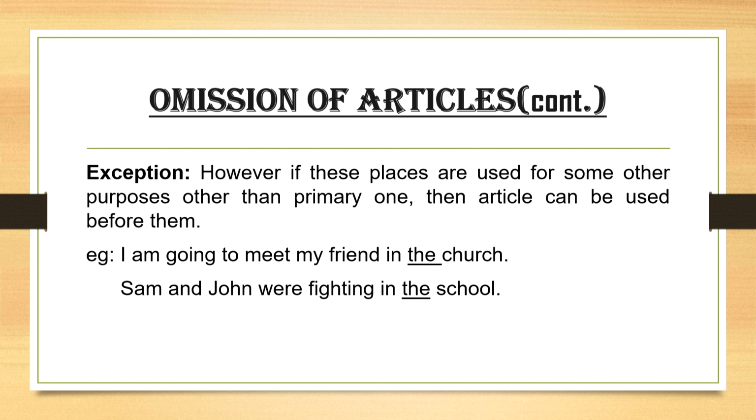Now, here comes an important exception. However, if these places are used for some other purpose other than your primary one, so keep this in mind, then article can be used before them. For example, I am going to meet my friend in the church.